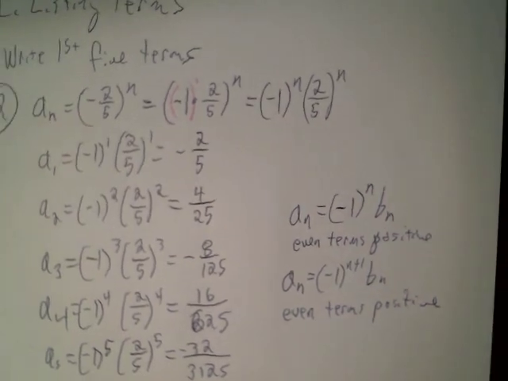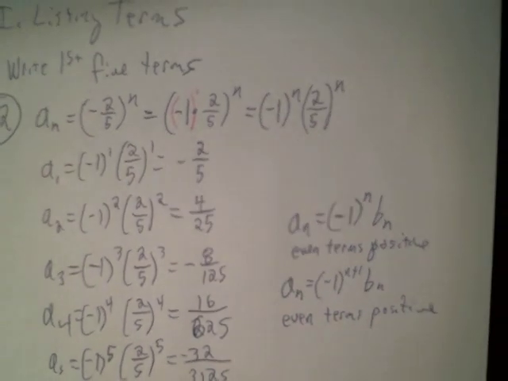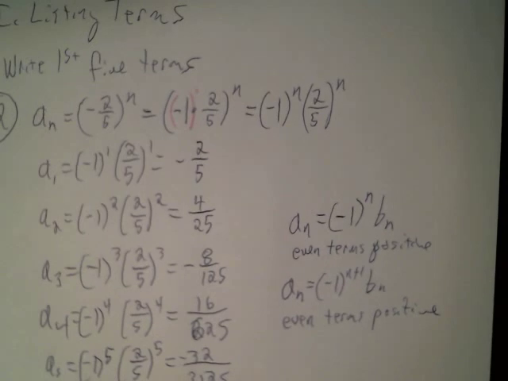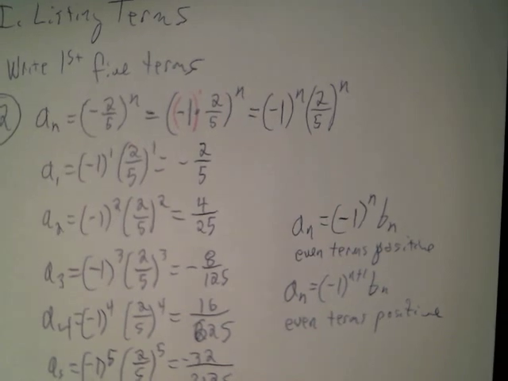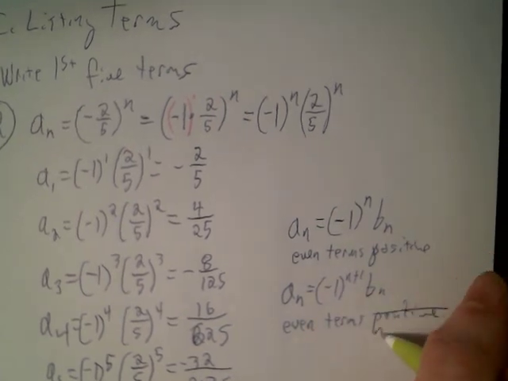You could also use negative 1 to the n minus 1, but we'll just keep it as is. Whoops, that gives the even terms negative. Right?